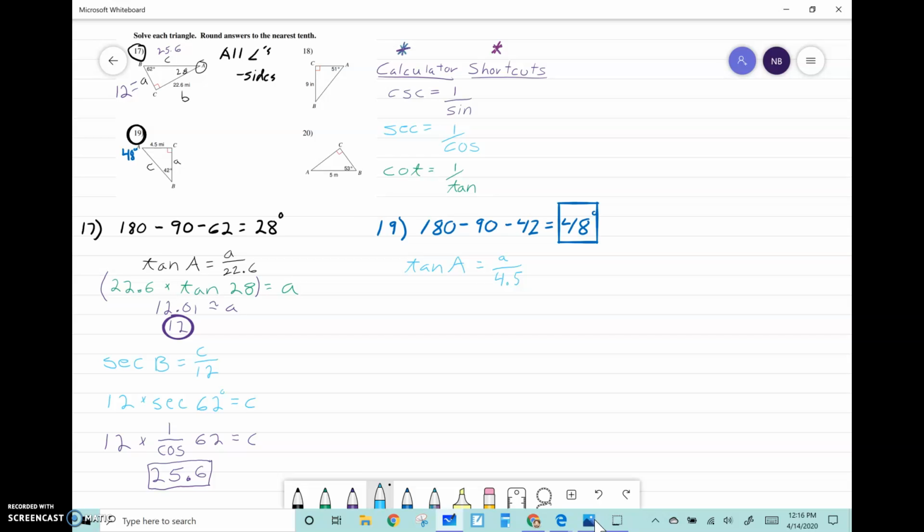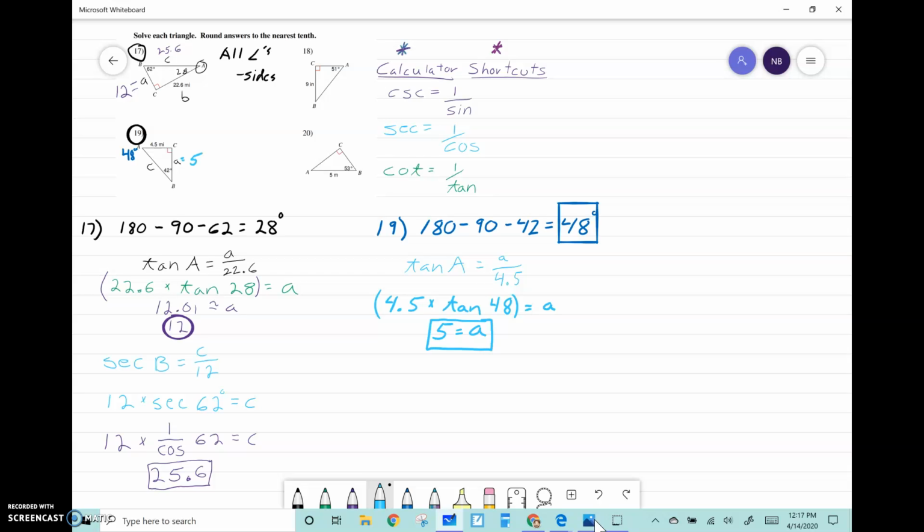Okay, and just like we did over here with number 17, let's set up our equation as 4.5 times the tangent of angle A, which is 48 degrees, equals side A. All right, and once we put all this in the calculator, we come up with A equals 5. All right. So I've got side A now as 5.